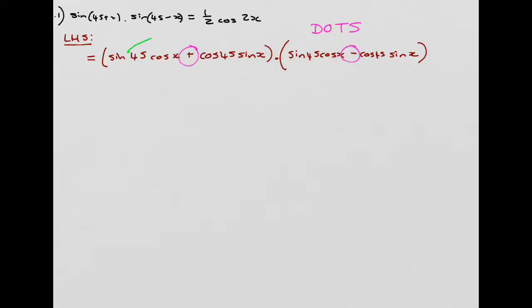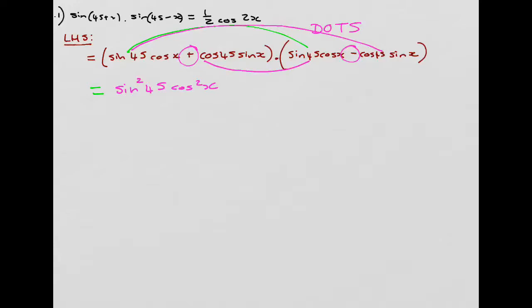So we're going to go sine 45 across, and that's going to become then sine squared 45 cos squared x, and then when we multiply to the next term, it's going to become negative sine 45 cos 45 sine x cos x, but then we're going to take that same one and add it.